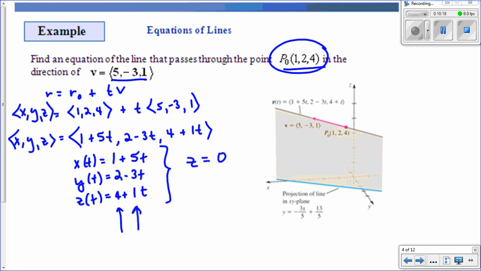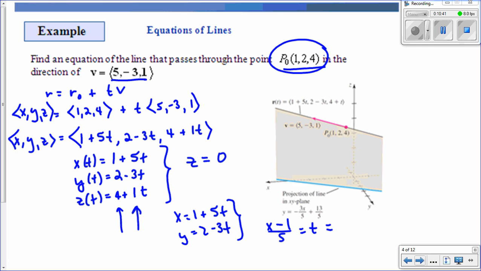So just let the z be 0, and that means that the x is 1 plus 5t, the y is 2 minus 3t, and now if we take these and write an equation in the plane using x's and y's, we eliminate the t. Let's say we do that by solving for t in the first one: x minus 1 over 5, that's t.